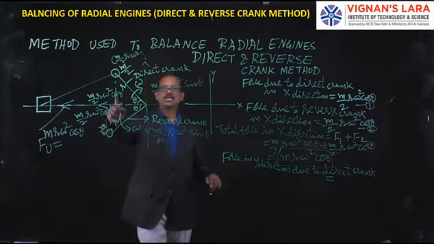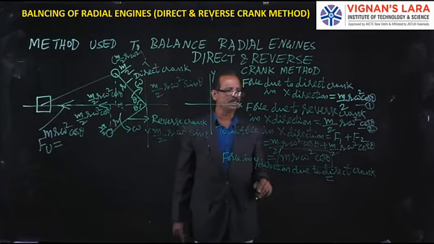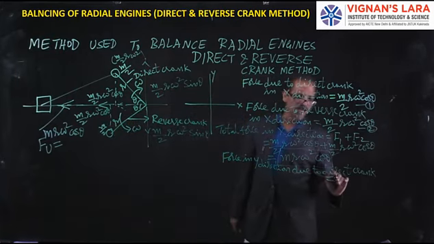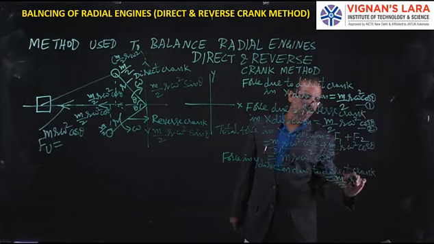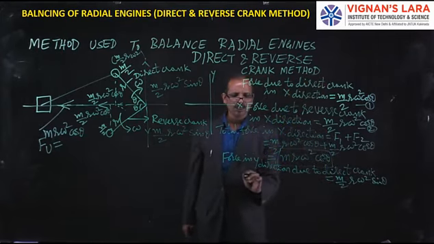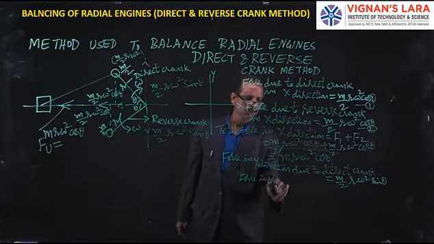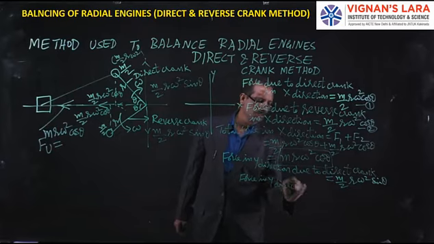X components are both in the same direction, but the y components are one upward and another downward. So this is the direct crank, then the force in the y direction due to the reverse crank.